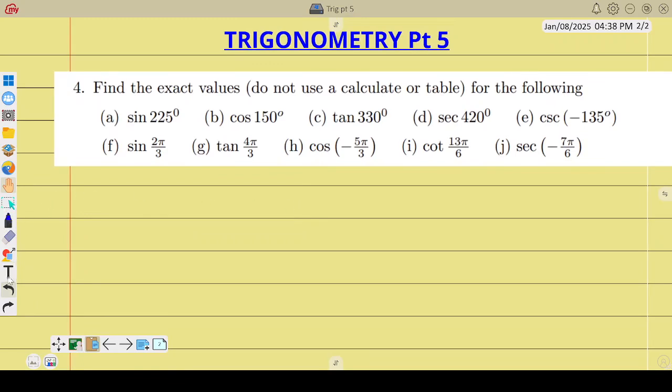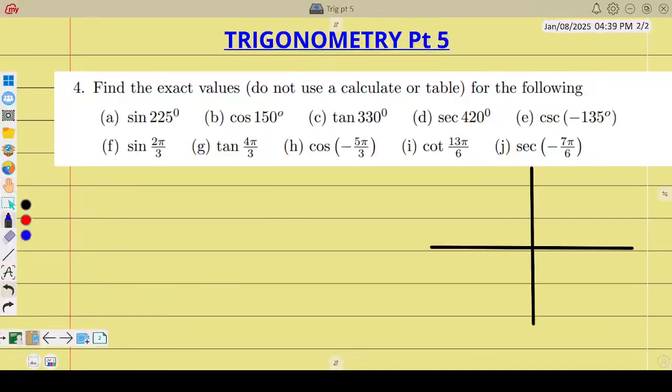We're going to draw the triangle, the quadrant. Where do we find 225? This is 180, so it will be somewhere here. From here to there is 225 approximately.